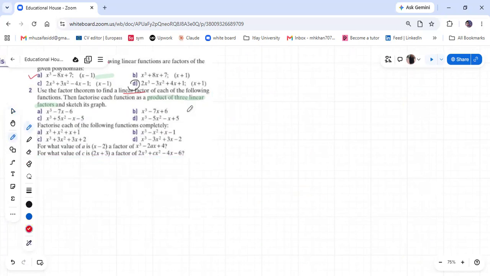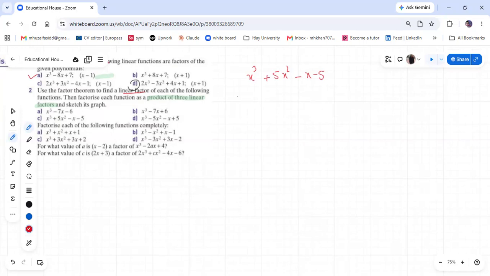Now I'm working on the synthetic division for x cube plus 5x square minus x minus 5. But before moving to the synthetic division, it is mandatory to have a factor, but here we have no factor. At least we need one factor, and that's why we are first finding the factors.